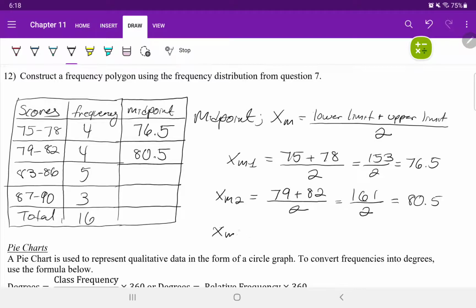We'll find the next one. After that, I want to show you the pattern with the midpoints. So that's going to be 83 plus 86 divided by 2. 83 plus 86 is 169. 169 divided by 2 is 84.5.